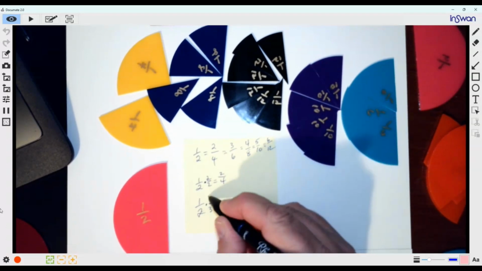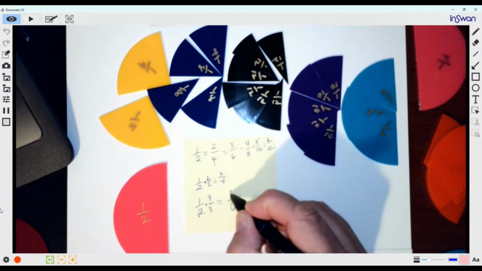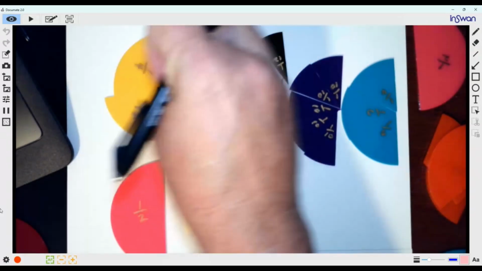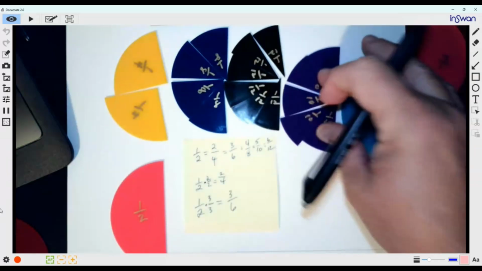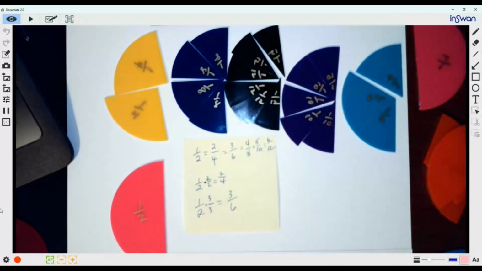And if I do that on the bottom, I have to do that on the top. 1 times 3 is 3. We haven't changed the value. The amount is exactly the same. We are just writing it in a different form. But all of them are equal to each other.